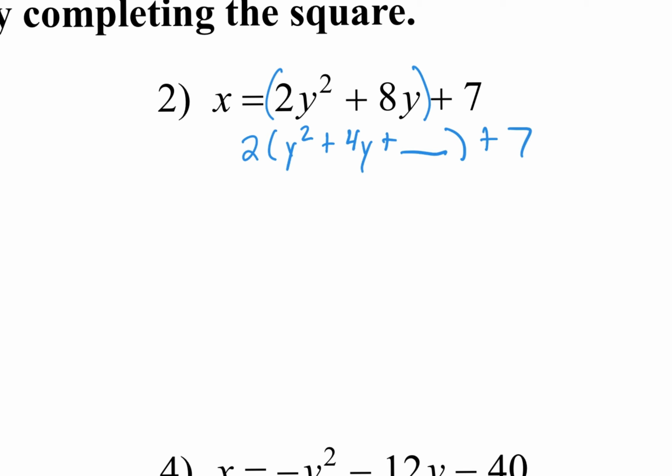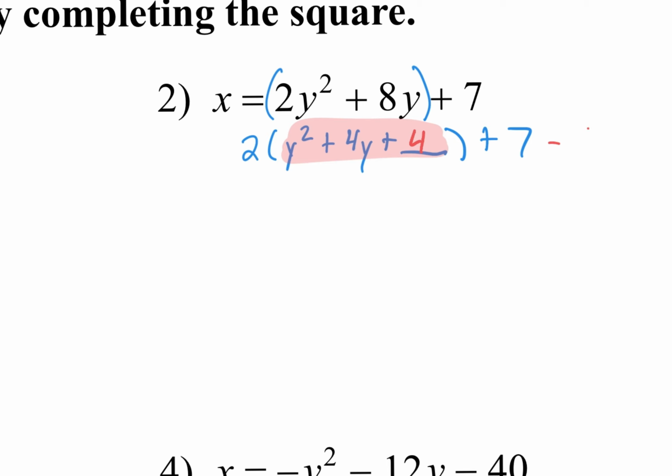We concentrate on the highlighted area right here. In that highlighted area, we complete the square. What's going to complete the square? 4. Half of 4 is 2. 2 squared is 4. Okay, so now I've added something in there. What do I have to subtract out of there?